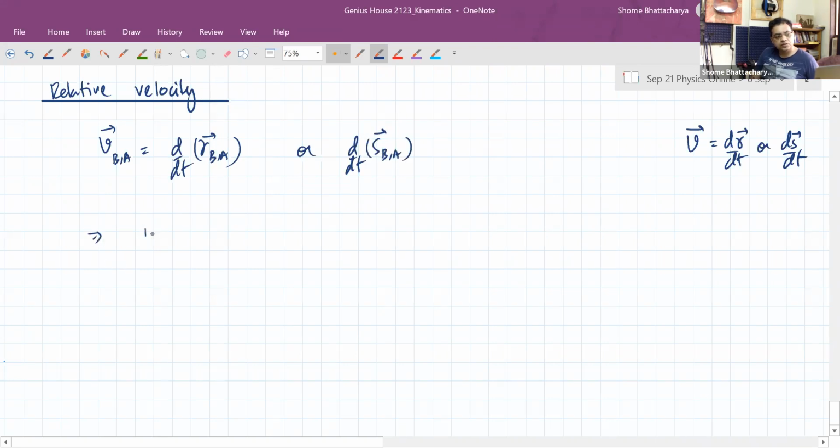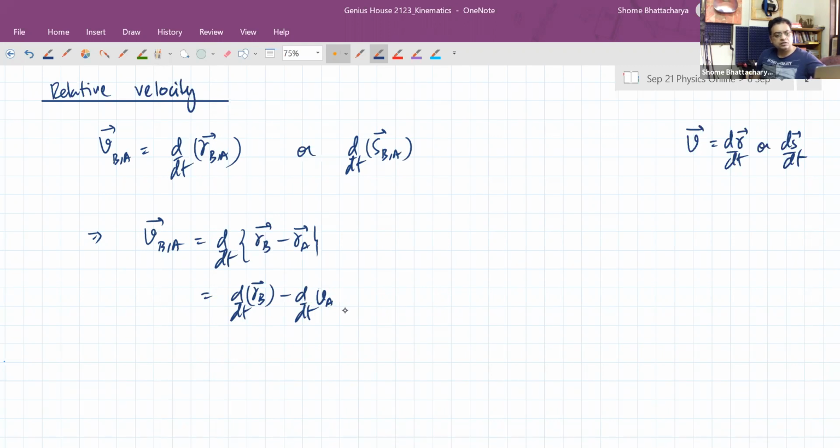So further, we can express this as position of B in absolute frame minus position of A. Take the differentiation operator inside, and as you might have guessed, it becomes the difference of the velocities. So again, relative velocity is, sorry, this last one is r_A, not v_A. But when we differentiate it, it will become v_A.